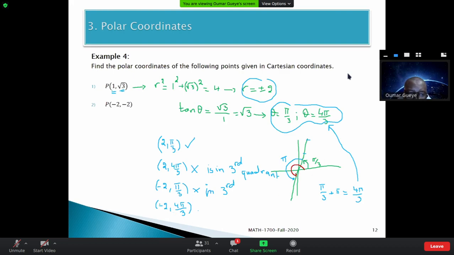But since the value of r is negative, this sends the point to the first one. So this one is correct. Because this point here, without the negative sign, is going to be somewhere here. This point is 2, 4 pi over 3.